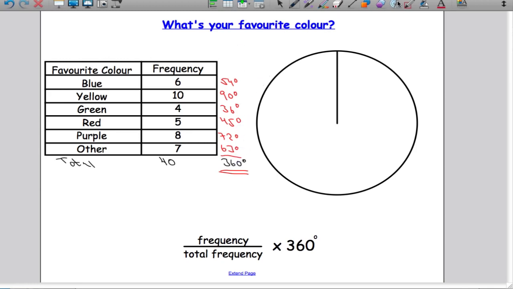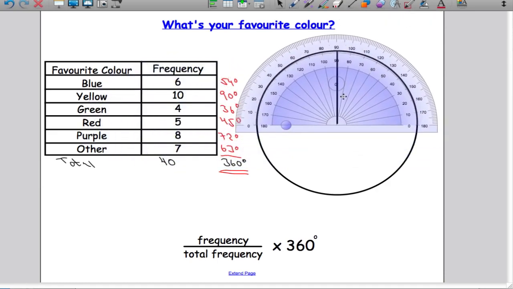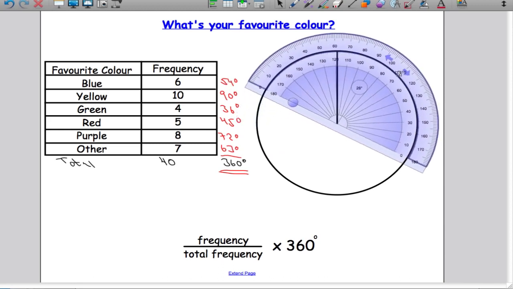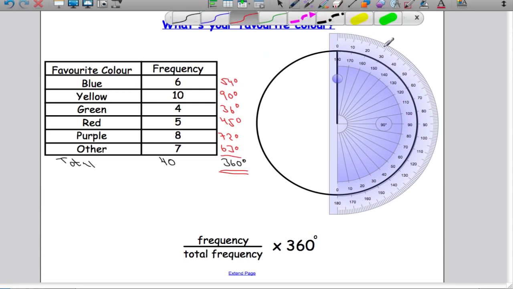Next thing we've got to do is get out our protractor and start drawing in our segments. We start off with an angle of 54 degrees. So turn your protractor so that you're measuring from 0, which is right up here in this case. Following around from 0, 54 degrees is going to be around about there.